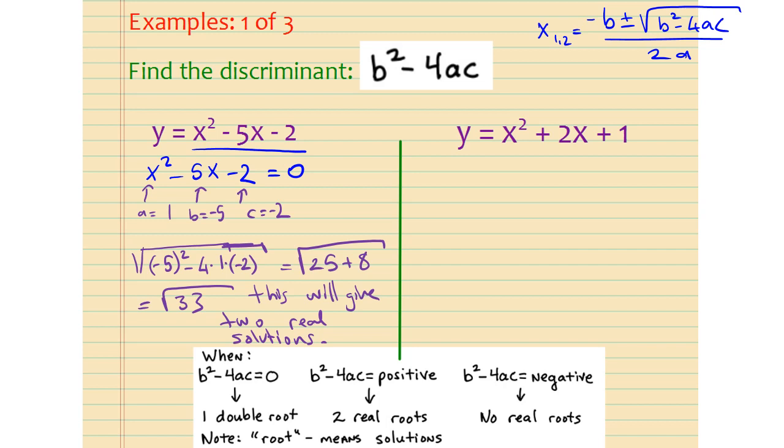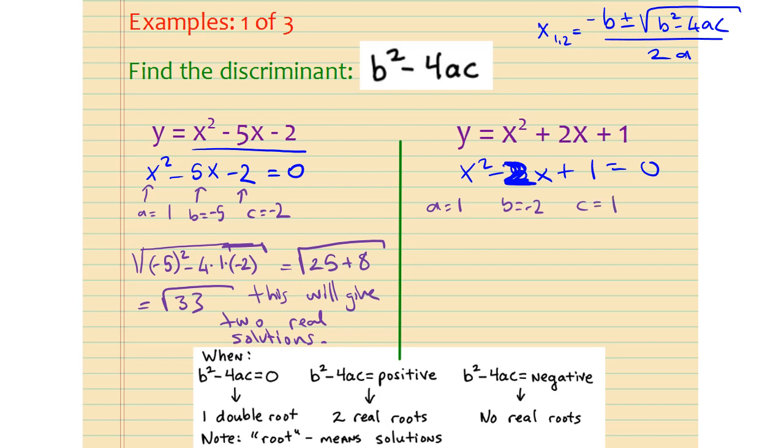Let's look at another example. We will write this as x squared minus 2x plus 1 equals 0. We will identify our a, b, and c. a is equal to 1, b is equal to negative 2, c is equal to 1.